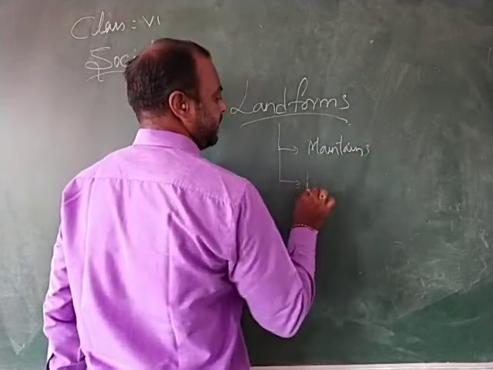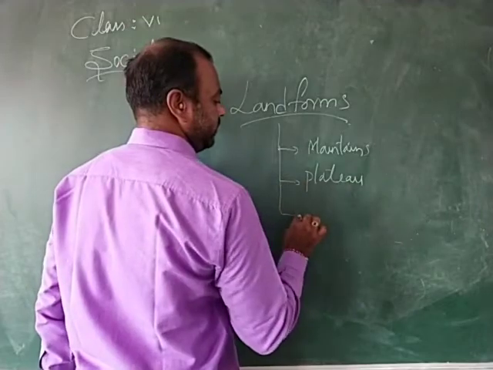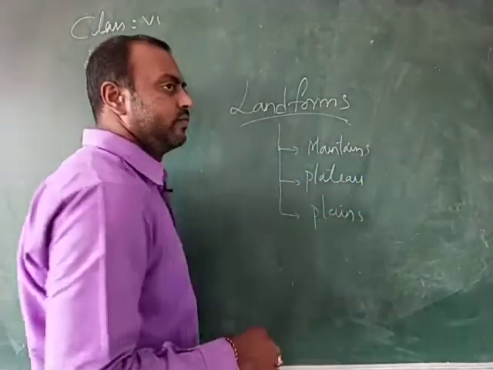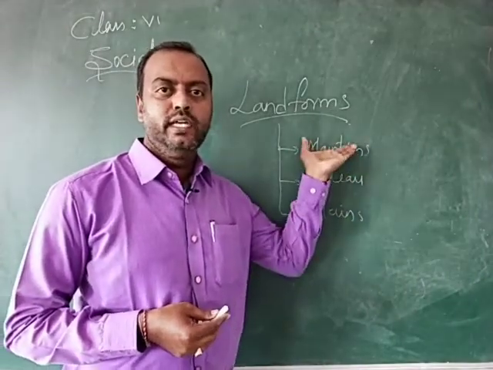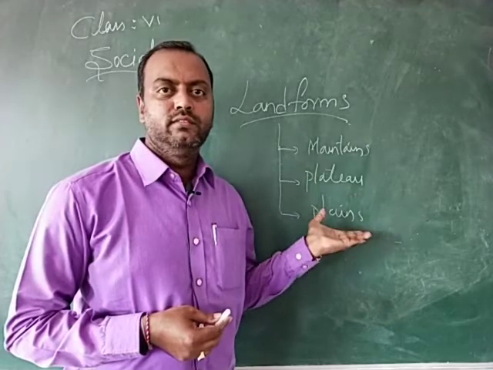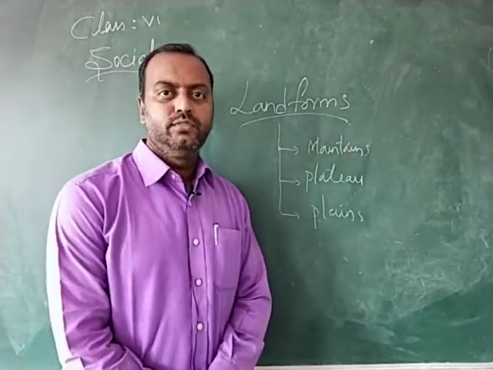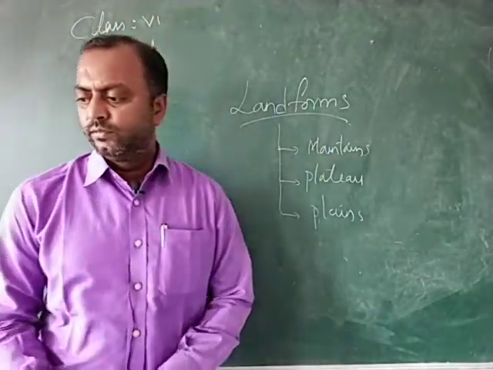Second one is plateau. And third one is plain or plains. So let us today discuss the mountains, plateaus and plains. What are mountains, what are plains and what are plateaus? Here, first let us go with the mountains.